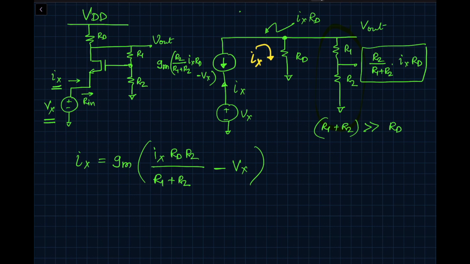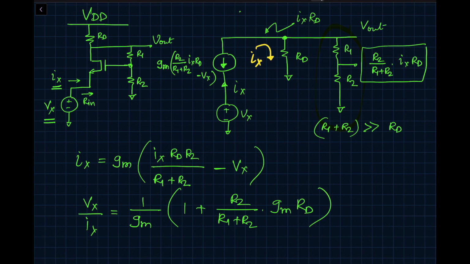So you can rearrange the terms and you'll see Vx divided by Ix is equal to 1 over gm times 1 plus R2 divided by R1 plus R2 times gm RD. Now here is the interesting part.